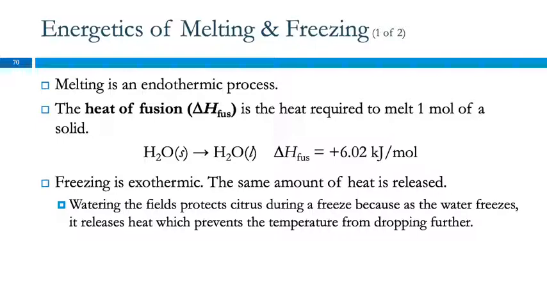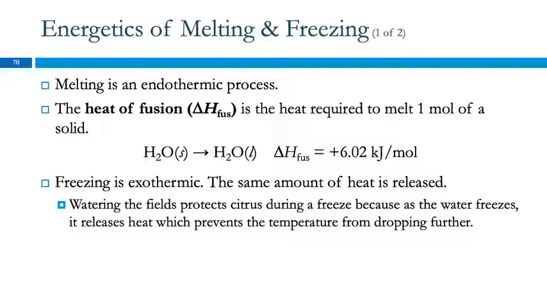But in that field, where there's standing water on the ground, as the temperature drops, the water begins to freeze, but the temperature of the water freezing doesn't go below 0 degrees Celsius until all the water has frozen. And so it keeps the temperature of the air around it warmer, because as it freezes, it releases energy into the air.